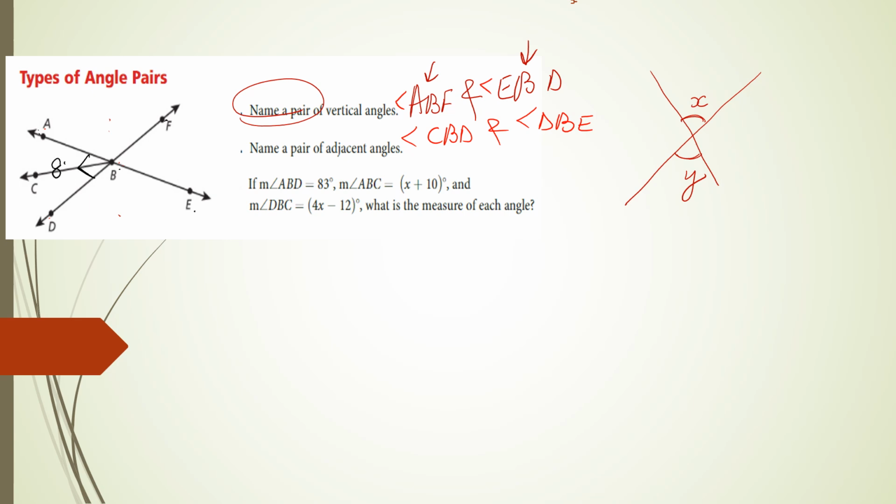So this is equal to 83 degrees, and angle ABC equals x plus 10. Angle DBC is 4x minus 12. So where is angle DBC? It is 4x minus 12. What is the measure of each angle?